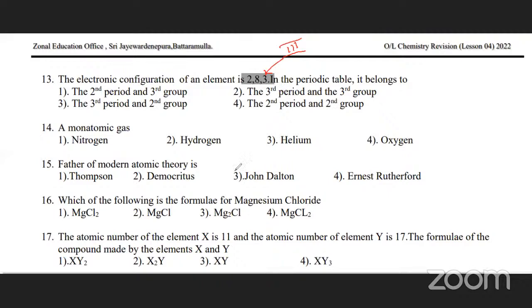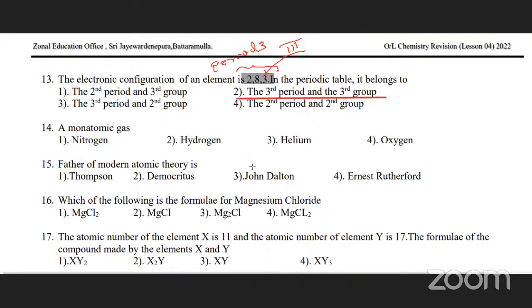Outermost 3, group 3, and the period is 3, the third period. Group 3, period 3, because there are 3 shells. So the answer is second. Question number 13, answer is second.